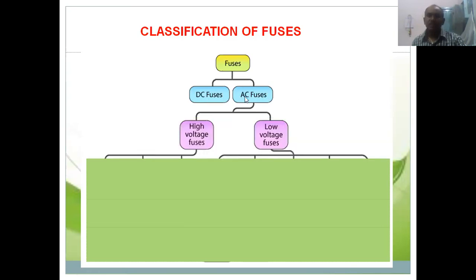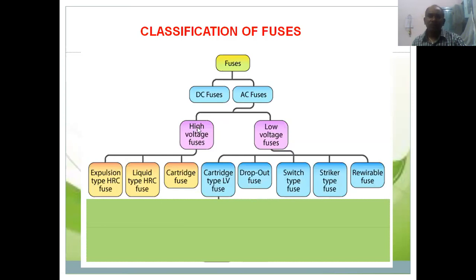And AC fuses are further classified into high voltage fuses and low voltage fuses, or LT fuses and HT fuses. Coming to the high voltage fuses, they are further classified into the expulsion type HRC fuse. Previously we have seen the HRC fuse, high rupture capacity fuse, and the liquid type HRC fuse, and another is the cartridge fuse.